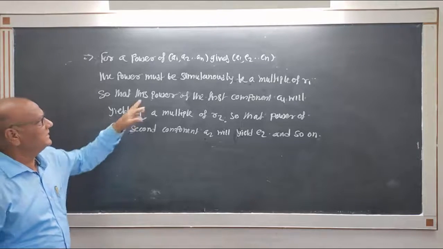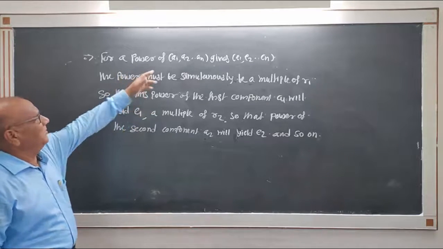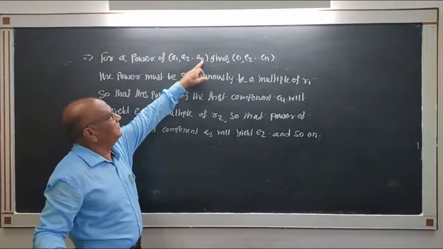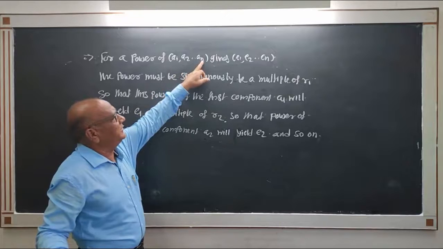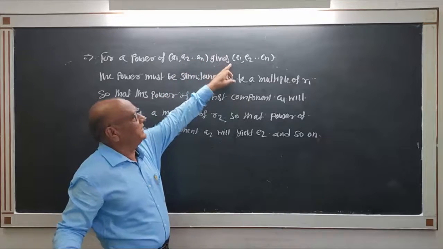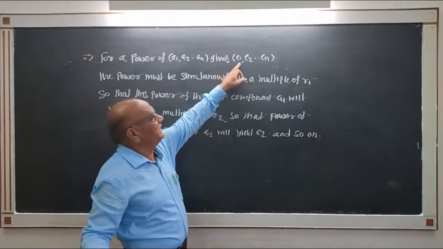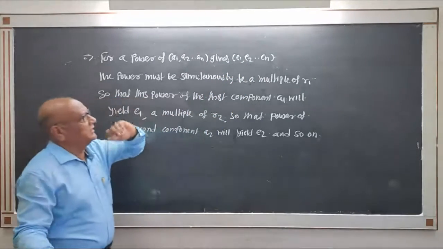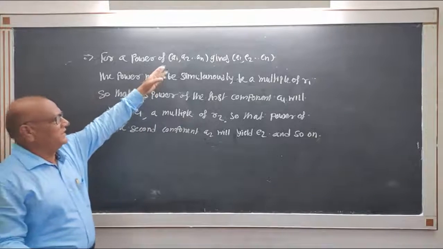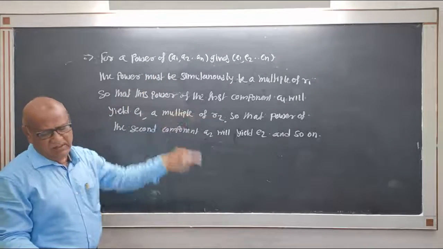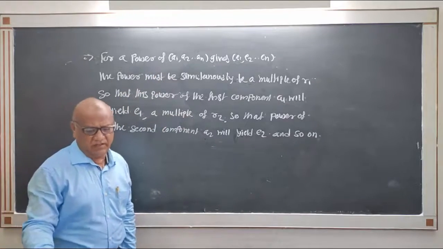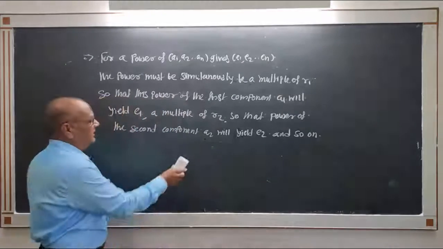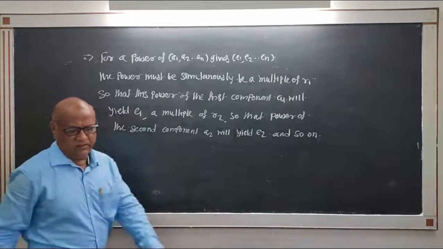That means the power of (a1, a2, ..., an) gives (e1, e2, ..., en) only when the power is a multiple of r1, r2, ..., rn.